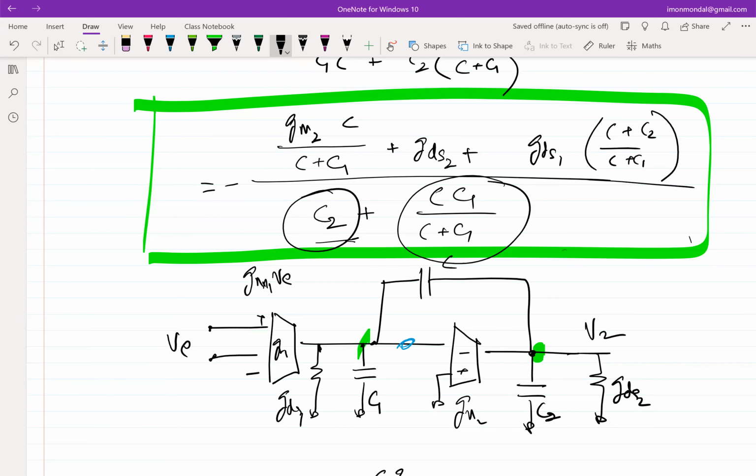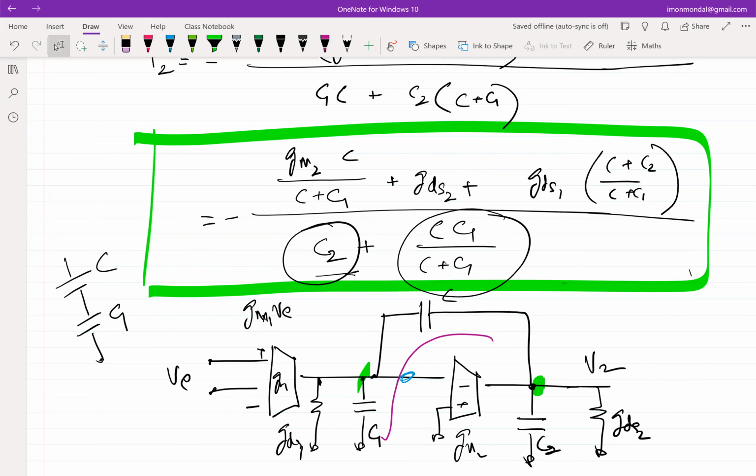Do you see anywhere where C is in series with C1? C1 by C plus C1 is equivalent to saying this. Do you see anywhere? Where? Okay, so that to some extent makes sense.